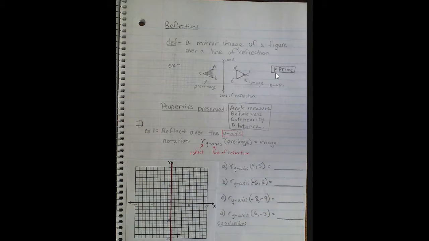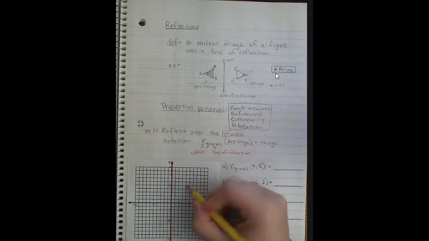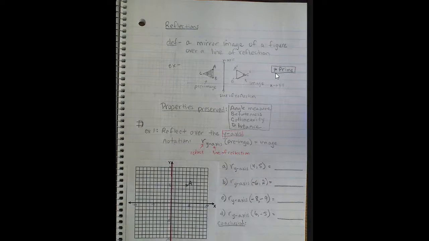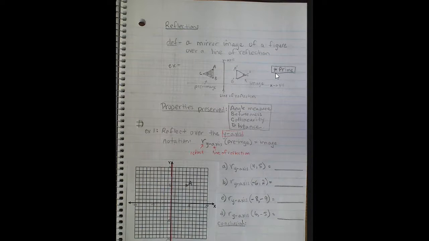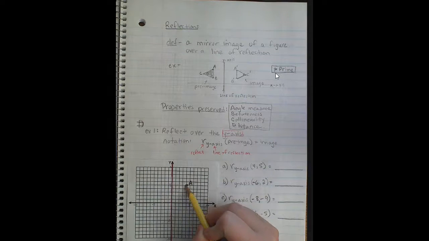Okay, so I'm going to go through each example in a different color so we can distinguish them. The first one says reflect over the y-axis the point 4, 5. So I'm going to graph 4, 5, label that A, and I'm reflecting over my y-axis, which means it should hop over here somewhere. Every time I do a reflection, distance remains the same, so you can use that, like counting off the grid. 1, 2, 3, 4.